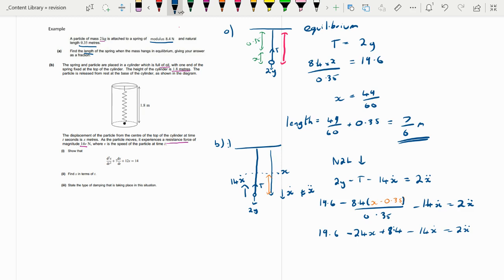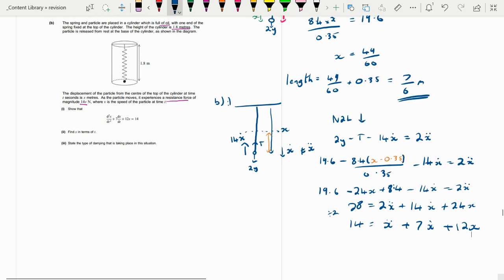I'm going to end up with 28 is 2x double dot plus 14x dot plus 24x. And again, look, we've got 14 here, so let's divide everything by 2. Gives me 14 is x double dot plus 7x dot plus 12x. And there it is. There's my equation as they required it. Now you could technically change them back to d2x by dt squared and dx by dt. That's completely fine, but leaving it like that would be completely fine.